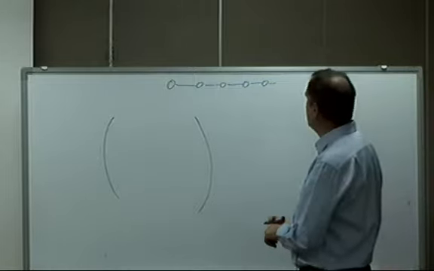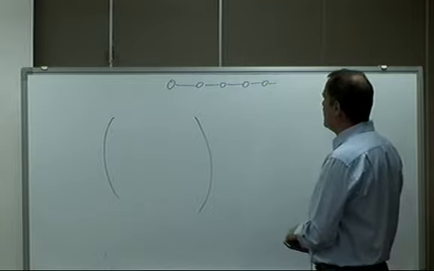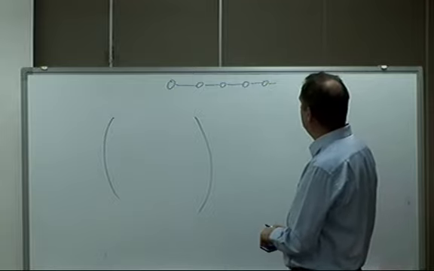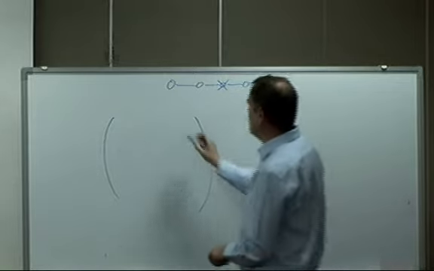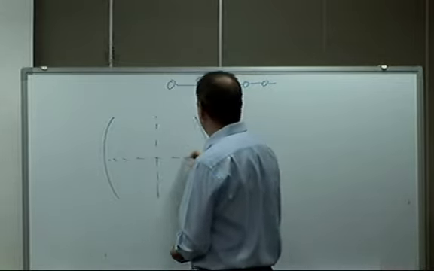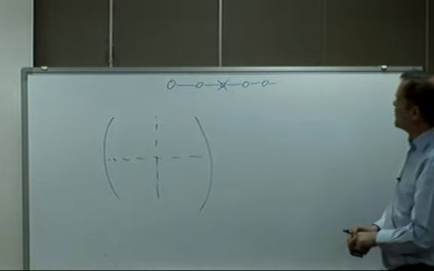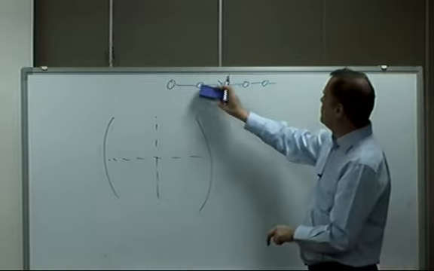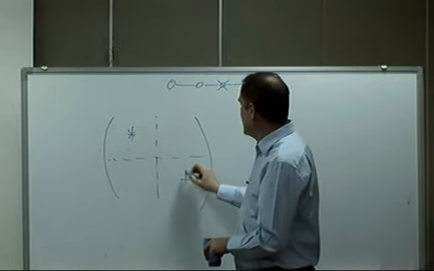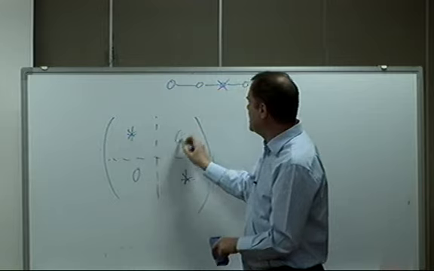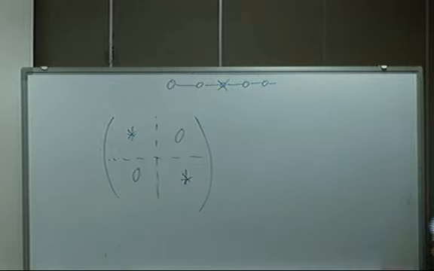And then we choose, for example, to remove this one. So what is our block? This gives us an SL3, this gives us an SL3. So we have entries in here, 0 here, and 0 here. So this would be the reductive algebra.